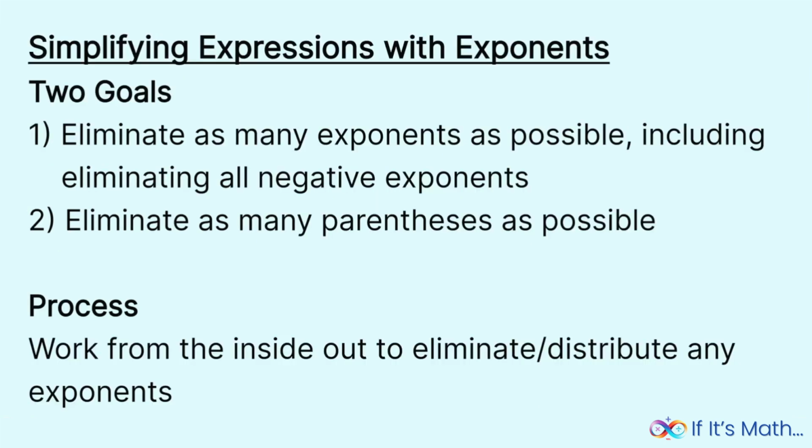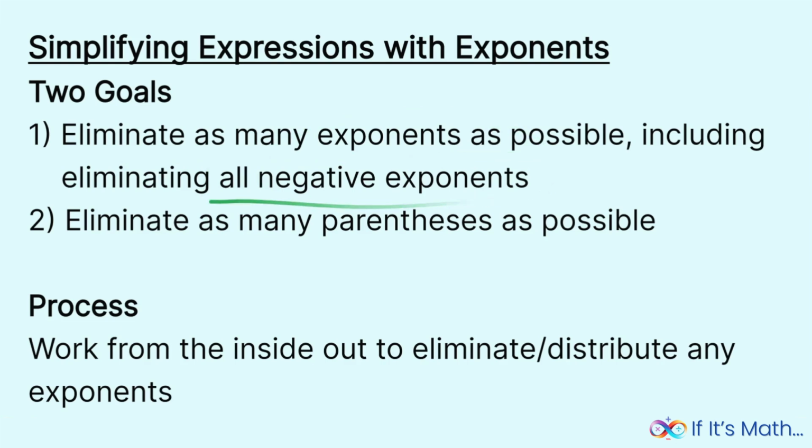So let's talk about how we actually do this. If you think about how we're going to simplify expressions with exponents, there are really two goals. This is not as procedural as some other things in math. You kind of have to look at it and assess, okay, what's going to be the best way to do this? But there are goals that you're going to be looking at. The first is you want to get rid of as many exponents as possible, and you have to get rid of all negative exponents.